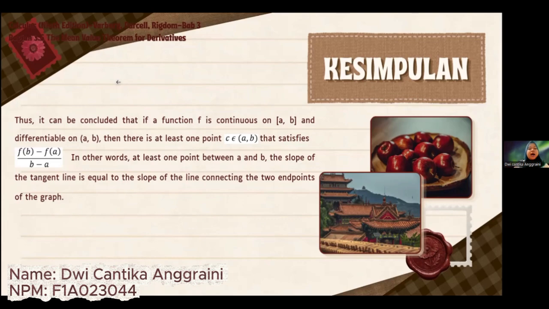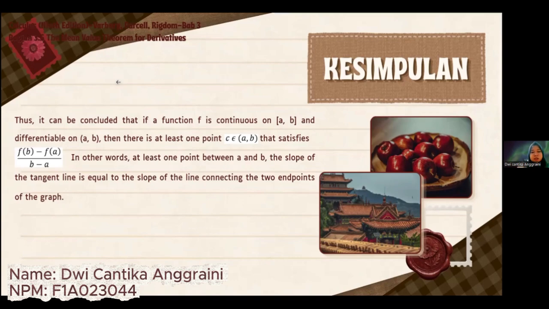Thus, it can be concluded that if a function f is continuous on the closed interval [a, b] and differentiable on the open interval (a, b), then there is at least one point c in (a, b) that satisfies f prime of c equals (f(b) minus f(a)) over (b minus a).